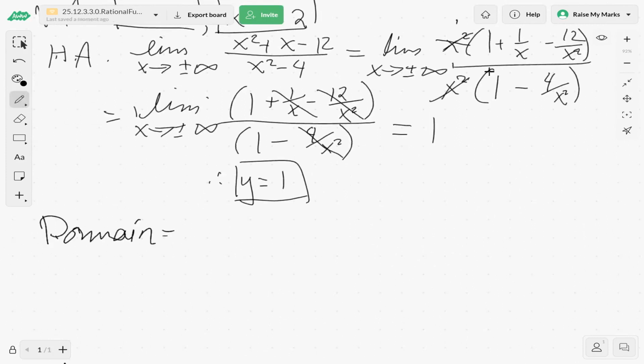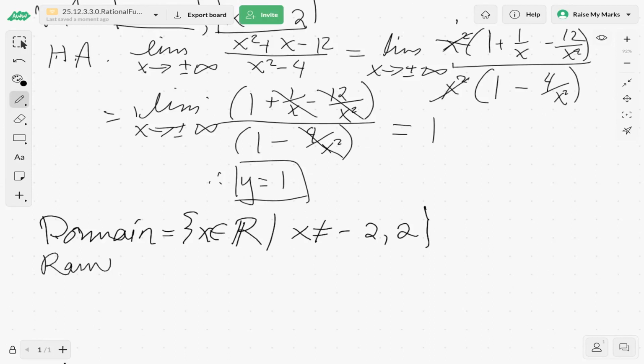Our domain is the set of all x values in the real numbers. The only time we're not able to attain any of the real numbers is when we have an asymptote. So x is a real number except -2 and 2. And similarly for the range, y is the set of all real numbers except the asymptote, y equals 1.